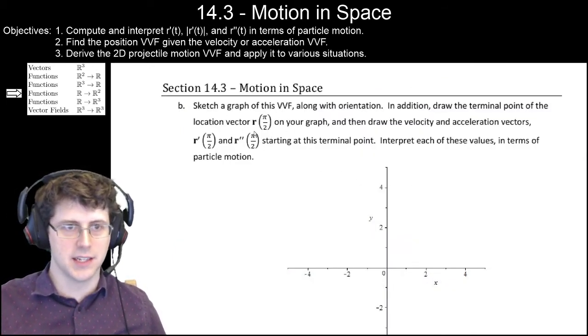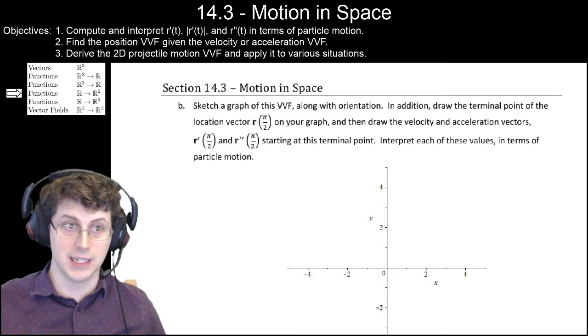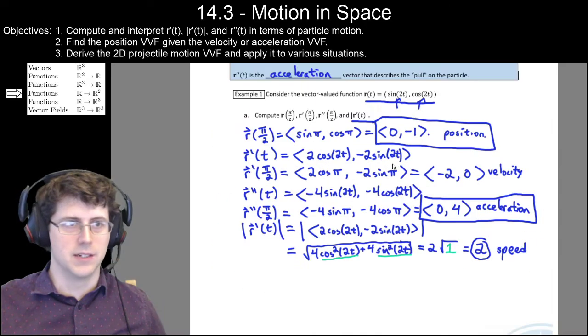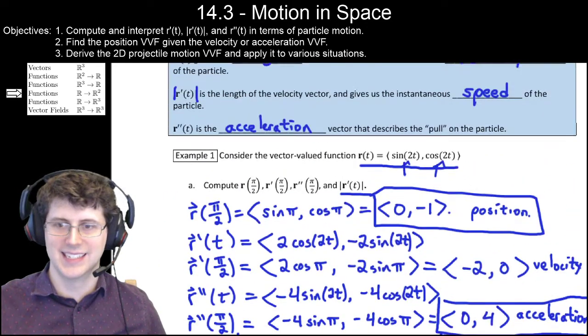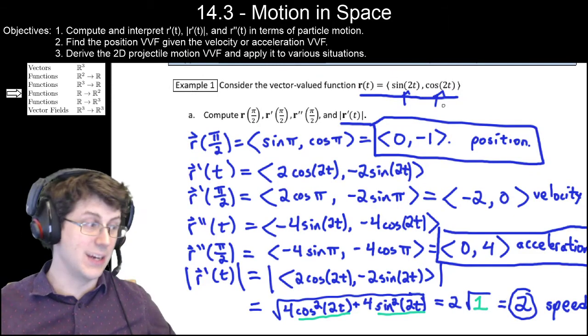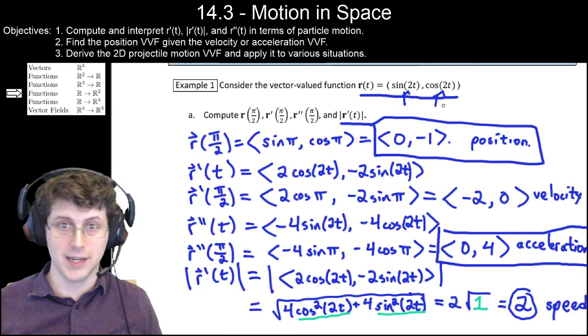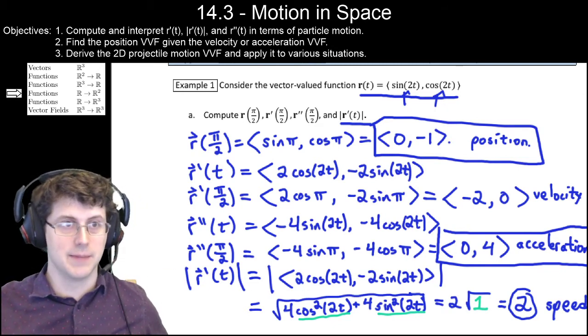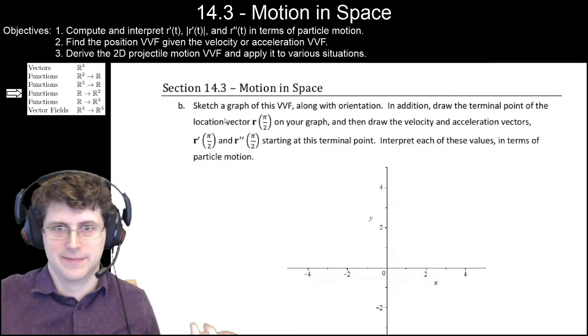Okay, so sketch this vector valued function along with its orientation. Not too bad. Oh, I zoomed in. I meant to scroll up. So sine 2t, cosine 2t. I know it's a circle with radius 1, but I don't really know where it starts and where it ends and so on. So I'm not ashamed of this.